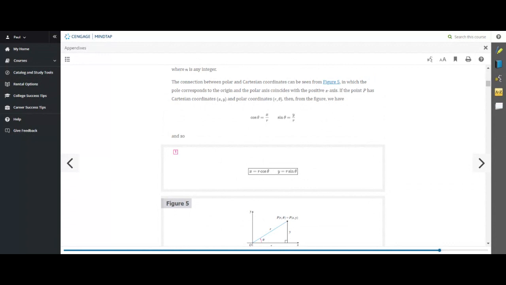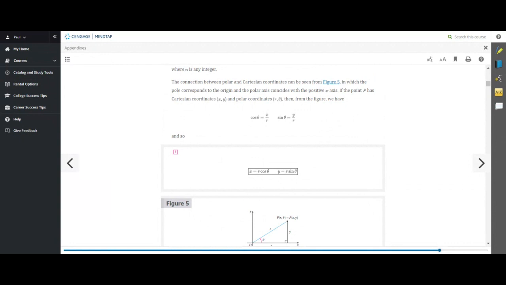The cosine of theta, as you know, is x divided by r. The sine of theta is y divided by r. So that means x equals r cosine theta and y equals r sine theta.